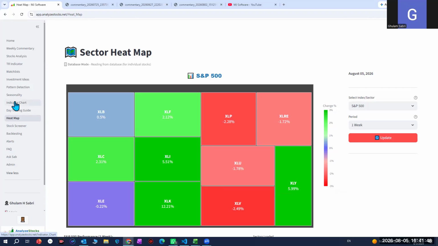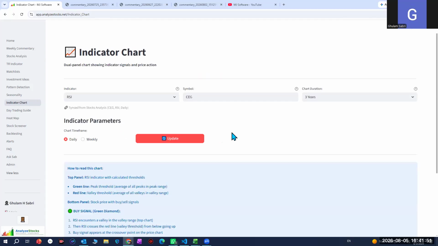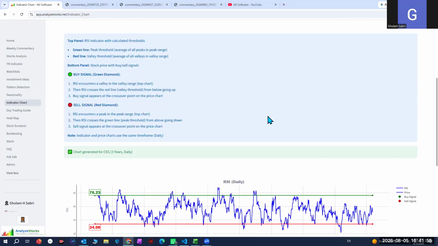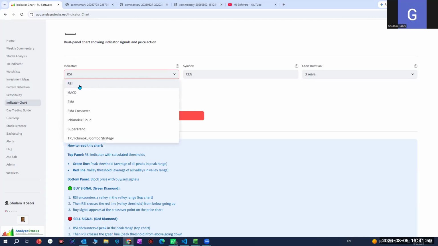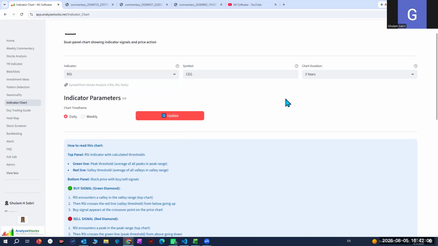Then we have an indicator chart section as well, and this is also very important and very good to know about. Here we can select a number of different indicators like RSI, MACD, EMA, MACD crossover, a combination of ATR and Ichimoku cloud strategy. For example, I need to know, not CEG, maybe Seagate.